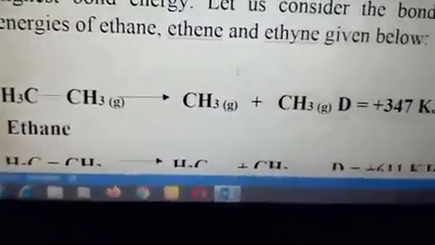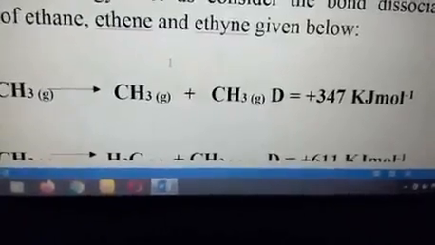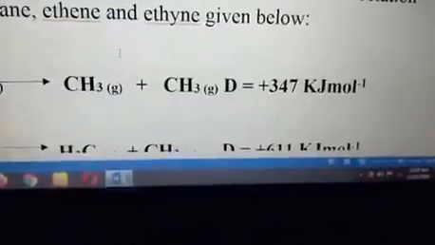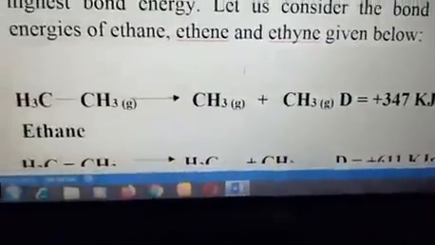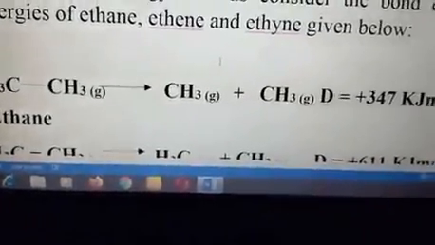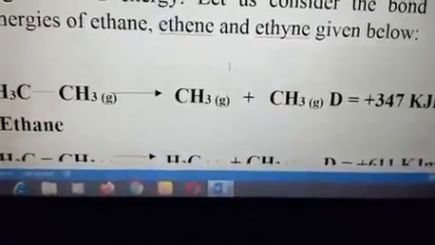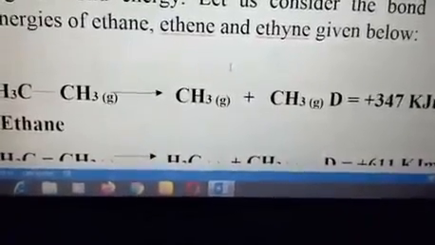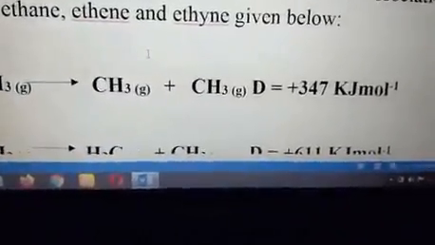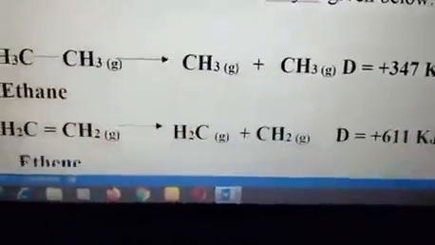You see ethane split into 2 methyl groups in gaseous state, and the bond energy D is 347 kilojoule per mole. So that is a single bond. Single bond is the weakest among the 3 bonds, single, double, and triple, and that means it requires the least bond energy. Let's go to the next example.